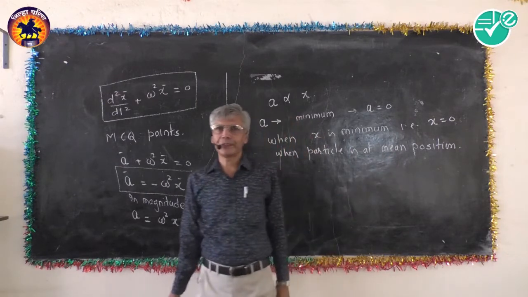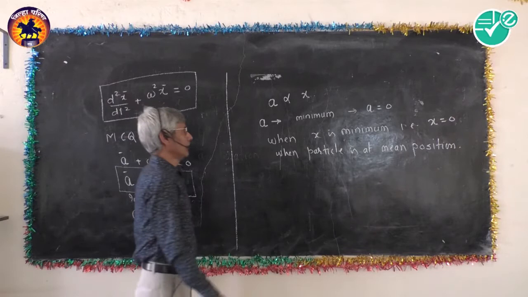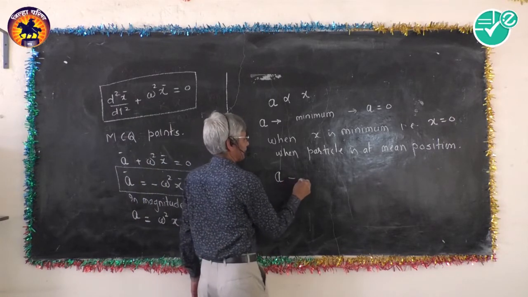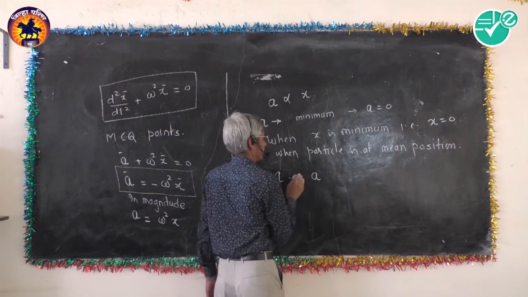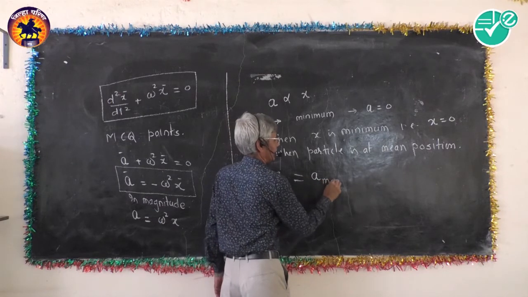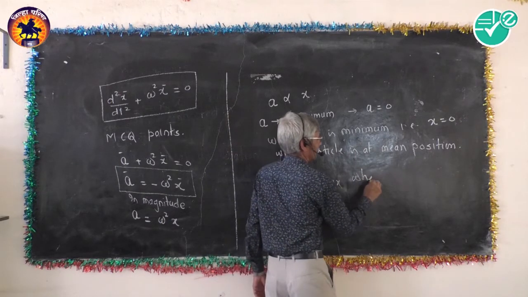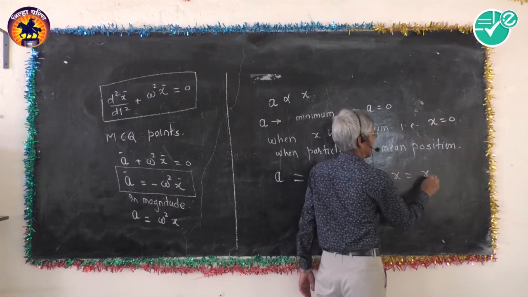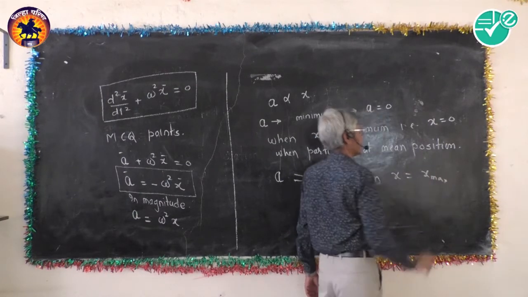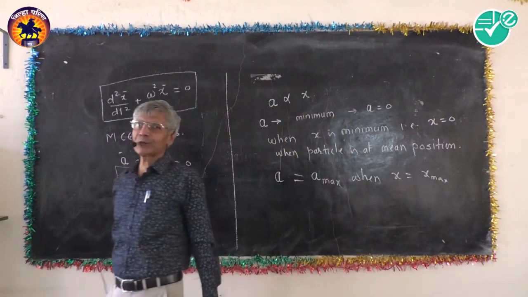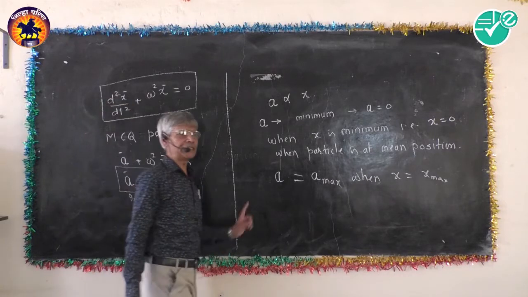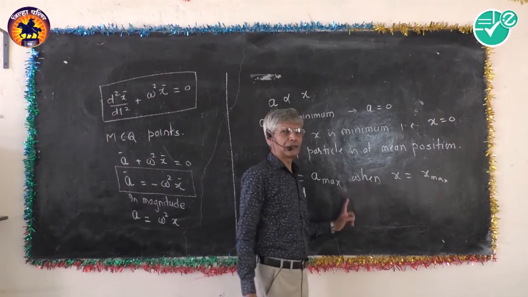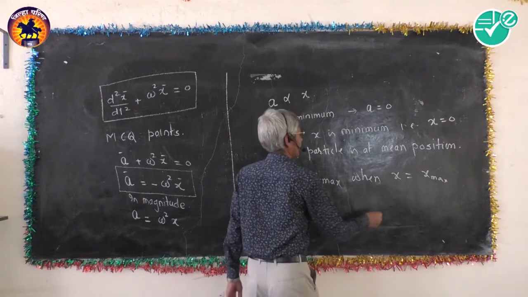And the acceleration will be maximum when x is equal to x max. This maximum displacement of the particle from the mean position is represented by capital A and is called the amplitude.